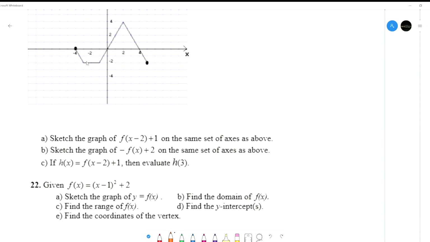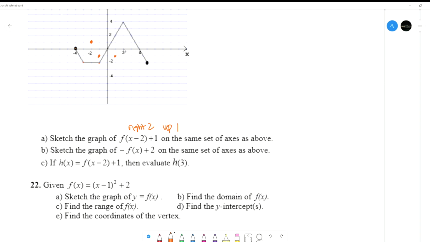So f of x minus 2 means right 2 up 1. You all agree, right? Each point I'm going to go one by one. This point right here, right 2 up 1. This next point, right 2 up 1. This next point here, right 2 up 1. You see what I mean?